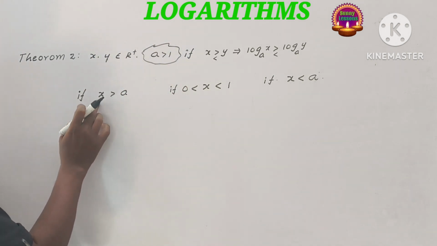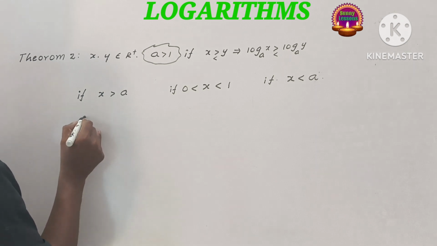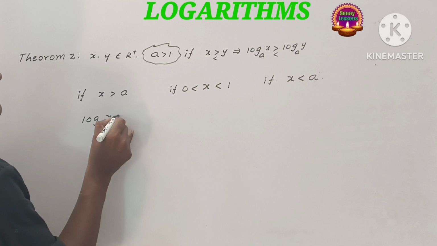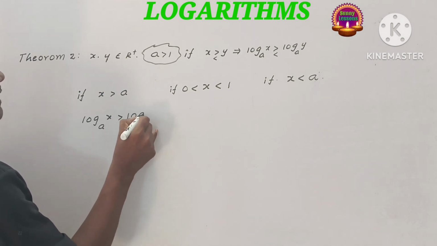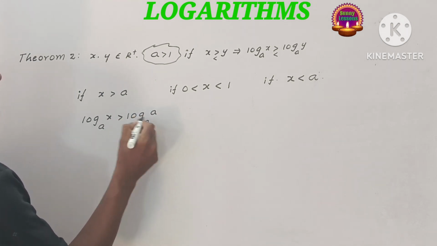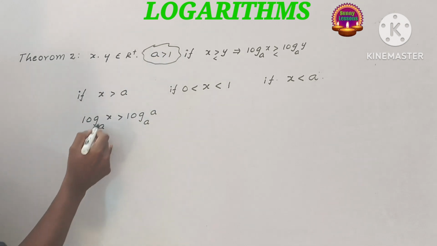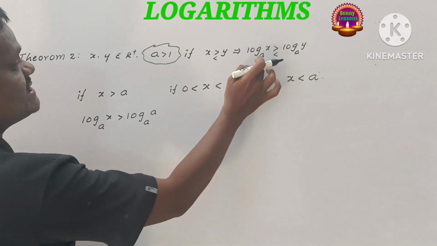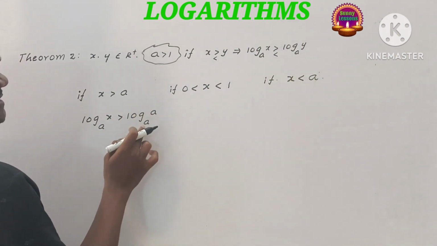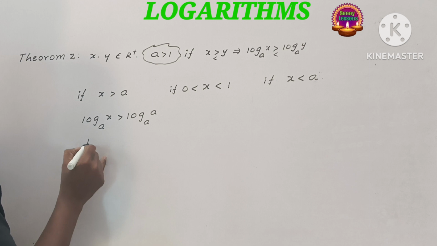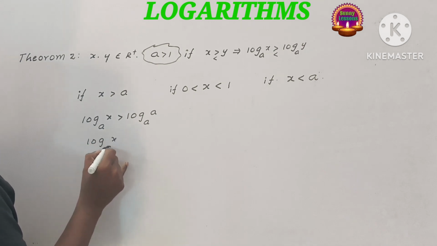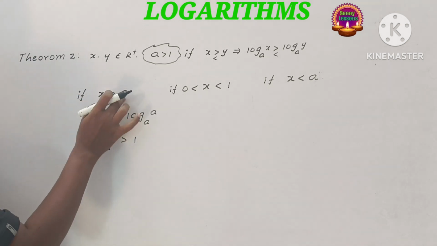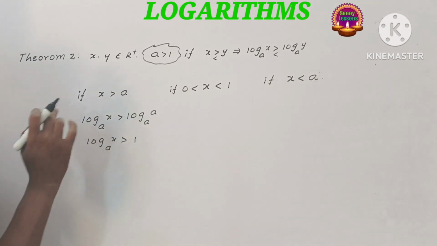If x is greater than a, apply log on both sides: log x base a is greater than log a base a, because here a is greater than 1. So log x base a is greater than log a base a, whose value is 1. So if x is greater than a, then log x base a is greater than 1.